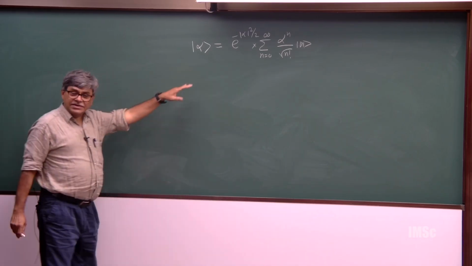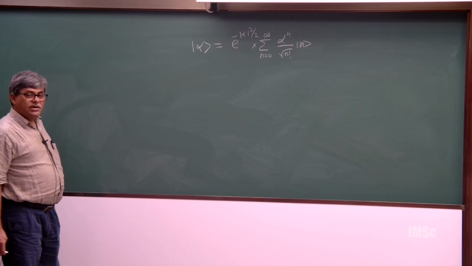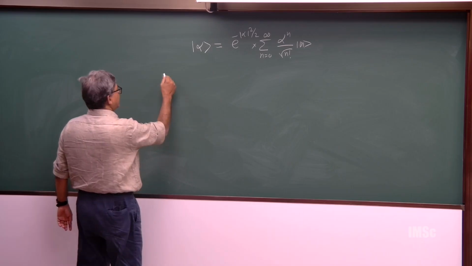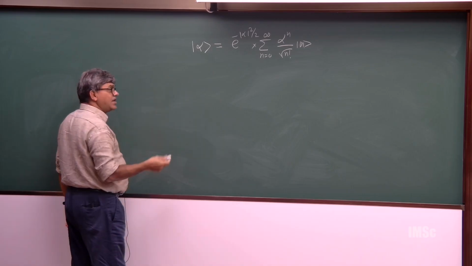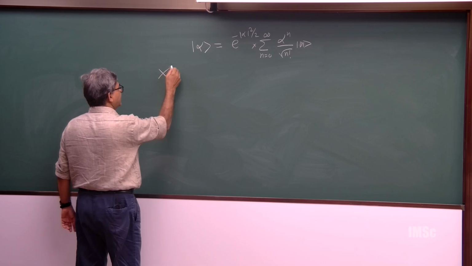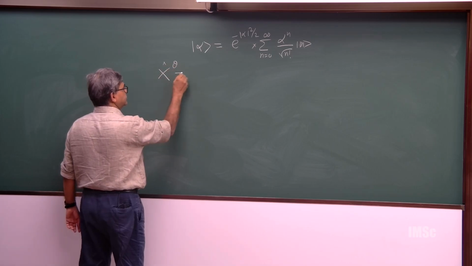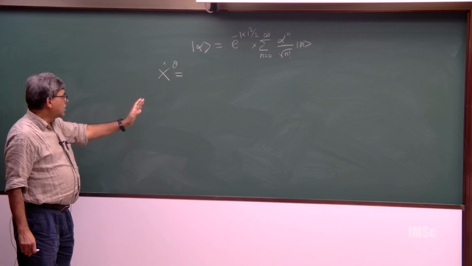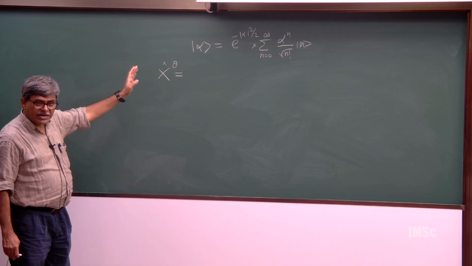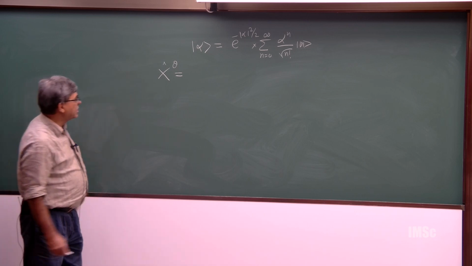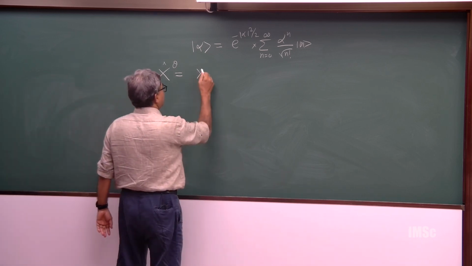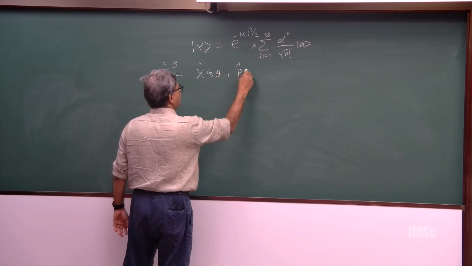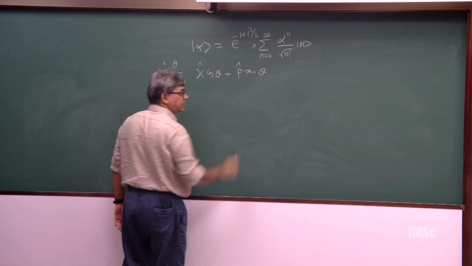So, what we have seen is that if I look at the expectation value of this generic quadrature operator, which is a direct lifting of the corresponding classical quadrature operator, which is x cosine theta plus p sine theta.